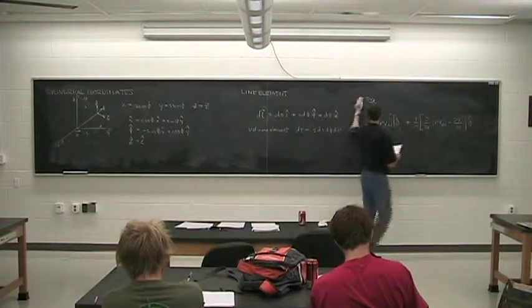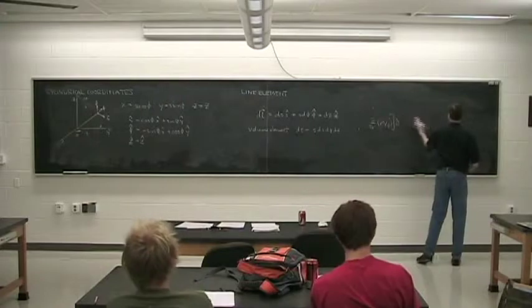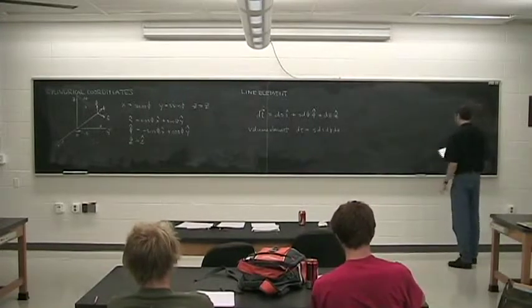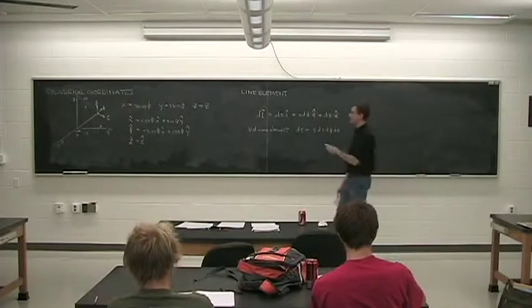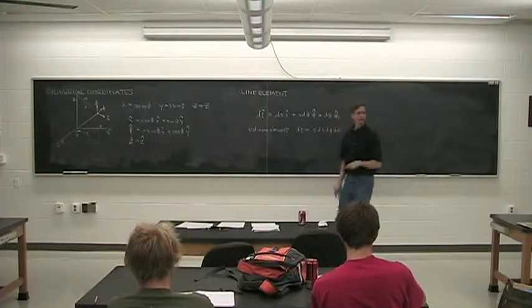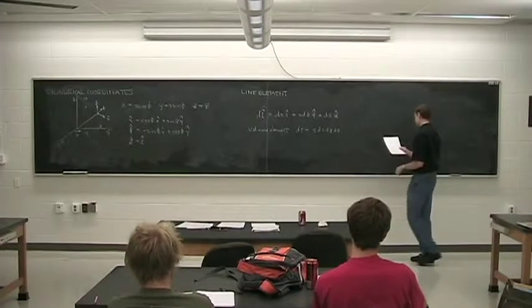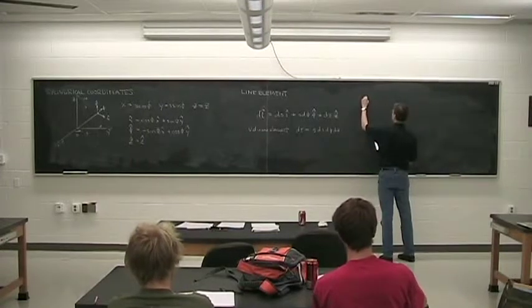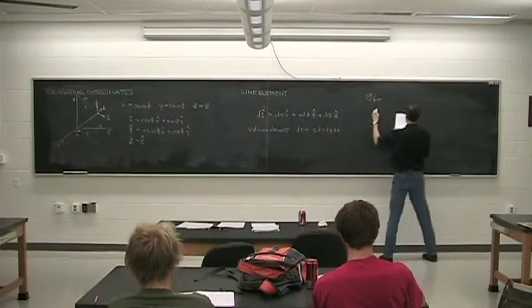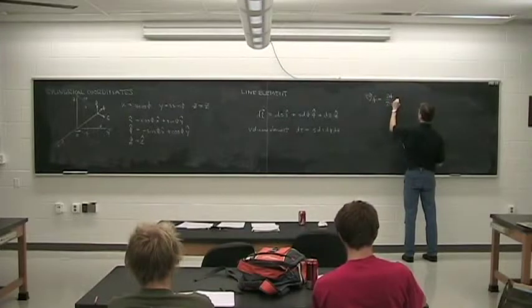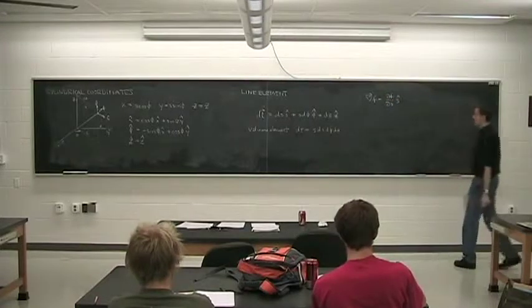And for the vector derivatives, the gradient, as long as your coordinate system has orthogonal unit vectors, the gradient you always get by just dividing by the line element components. And so the gradient of a scalar function in cylindrical coordinates is just partial of f with respect to s, s hat.